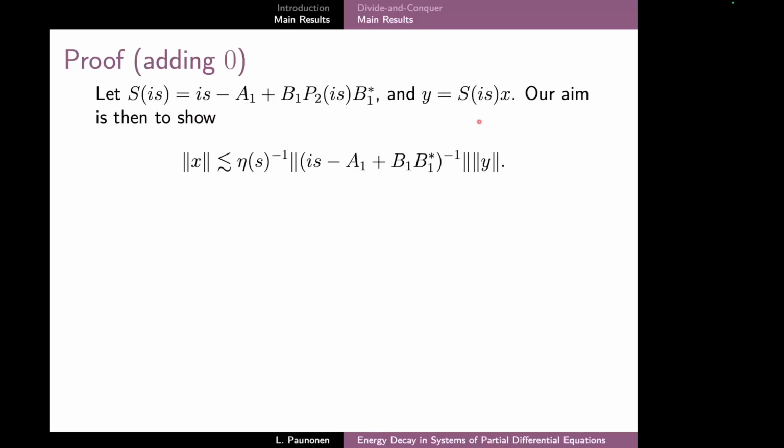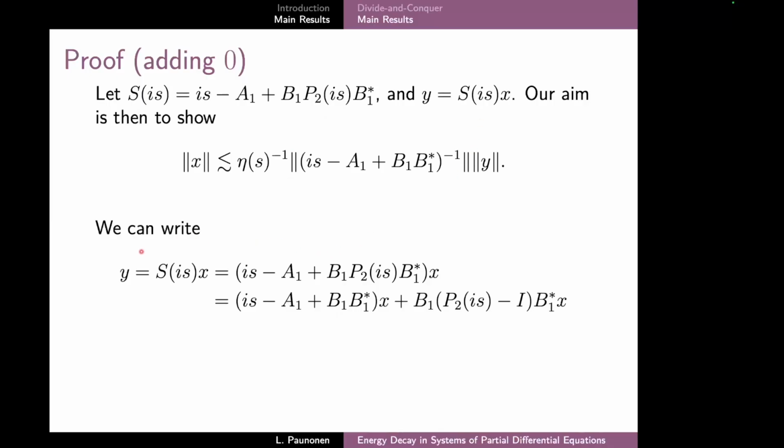In order to achieve this, what we can note is that since y is equal to S times x, we can, in this formula, add and subtract a term which has this B1 star x to get a modification of the first two terms to change these into the resolvent of system 1 under negative feedback.